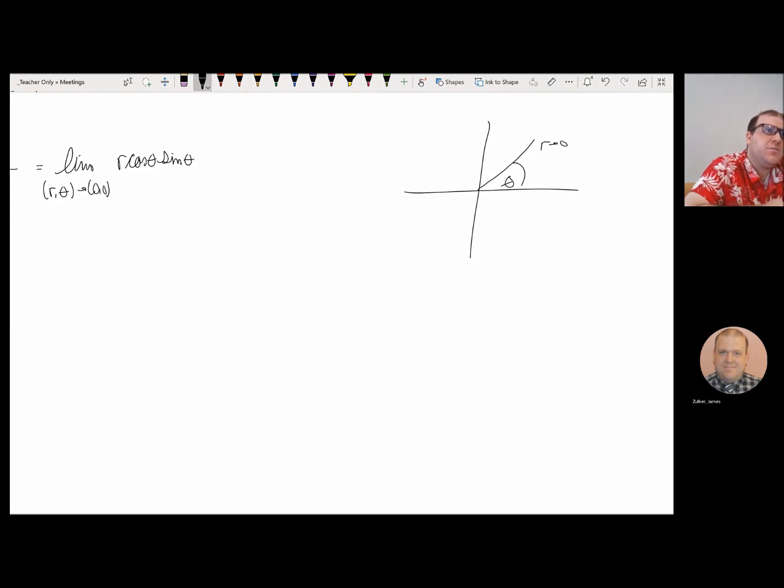No, I don't think theta actually does have to approach zero. If you travel along that line, theta's not approaching zero. Theta stays constant.